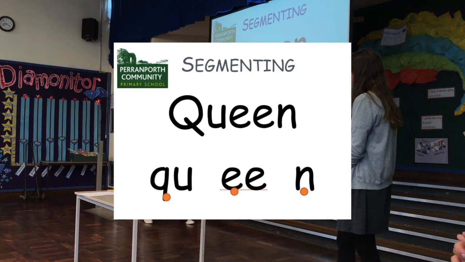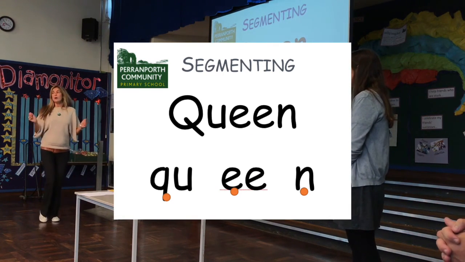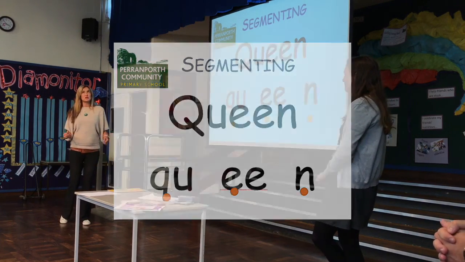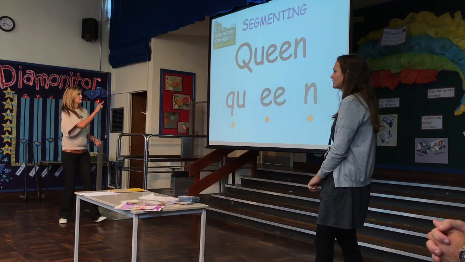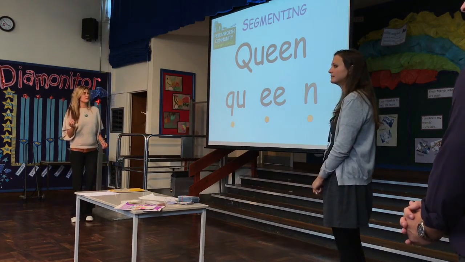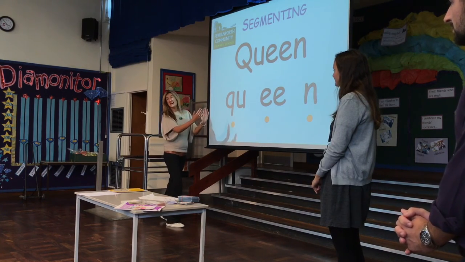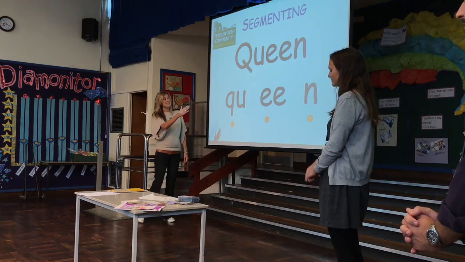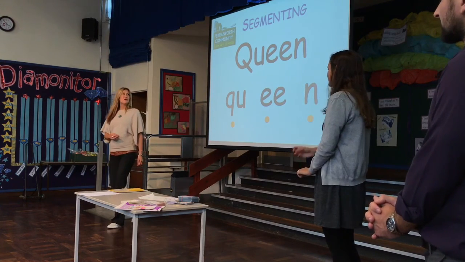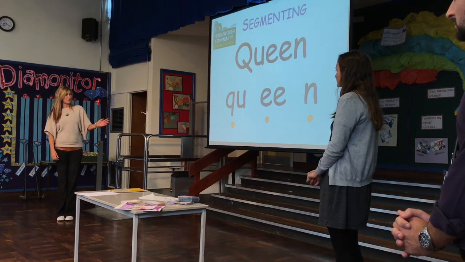So again, it's the sound buttons, because in my class, when we get to that sort of word, I'll say, oh, how many sound buttons have we got in the word queen? And they'll go, 5. And I'll say, oh, let's think about it. We've got a digraph, we've got doubly, another digraph, let's think about it. And then they can see how that word is made up of the sounds or the phonemes. So queen is another one.